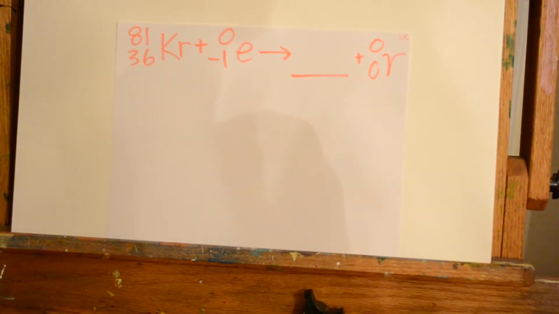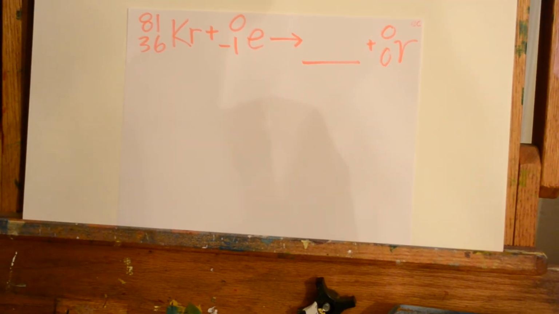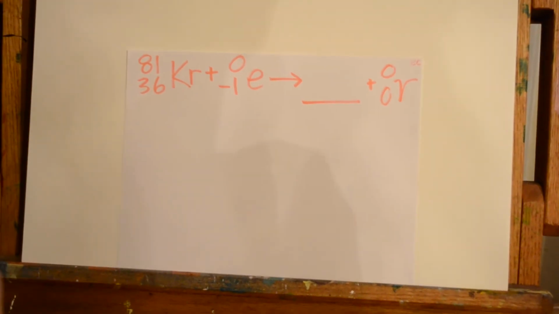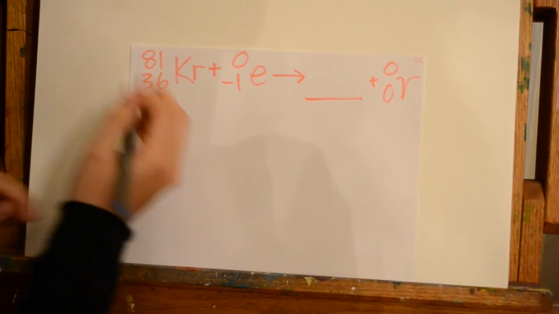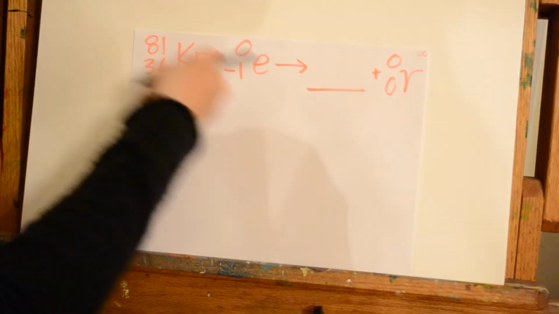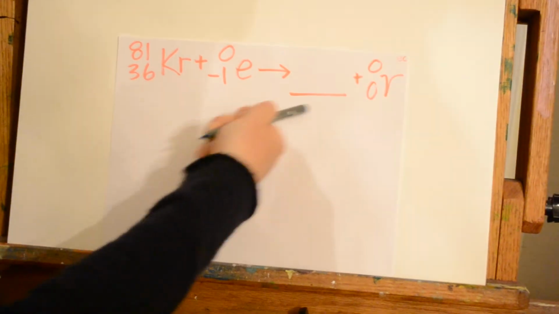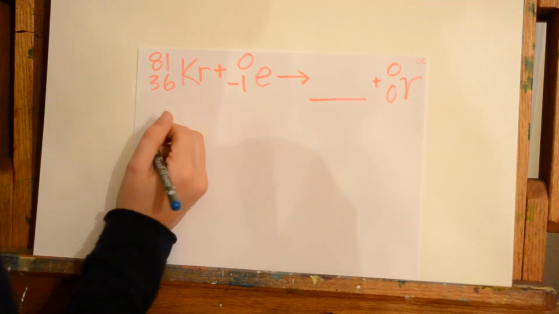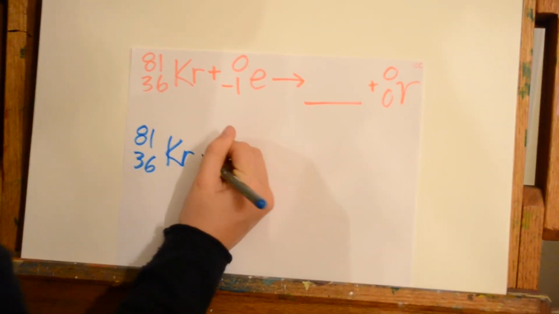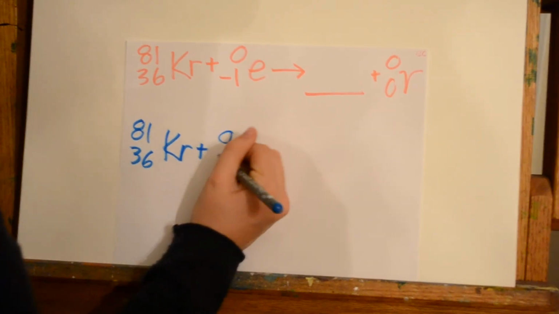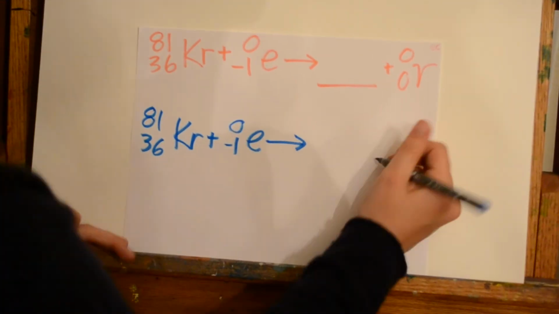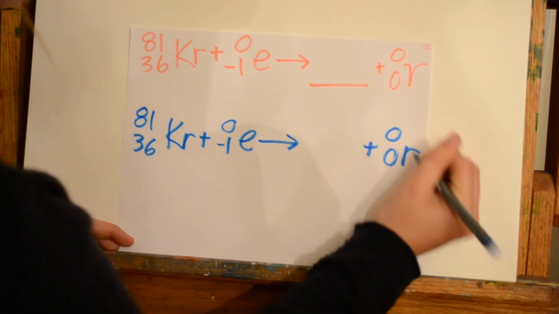Another is electron capture, when the nucleus captures an electron to stabilize it. And it goes on this side because it's part of this now, whereas it's not part of this. So we do 81, 36, Kr, just like we do the other problems. And then we do the electron. And that yields, whatever that yields, plus a gamma ray.